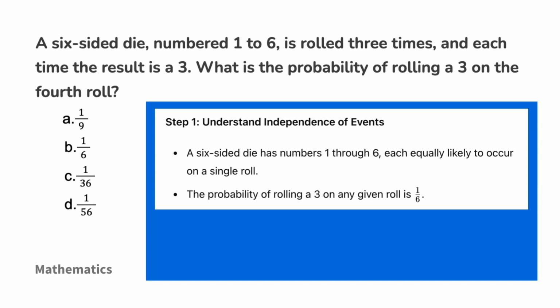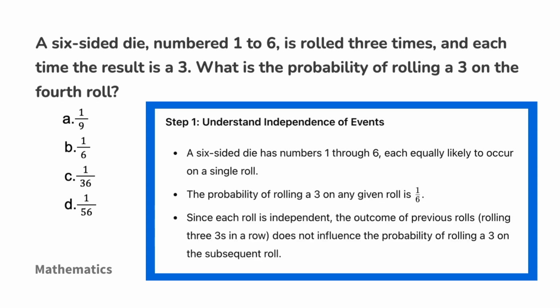You have a 1 out of 6 chance of rolling a 3 on every single roll that you make. And since each roll is independent, the outcome of previous rolls, for example, the information about rolling 3 threes in a row in the past, does not influence the probability of rolling a 3 on the subsequent roll.